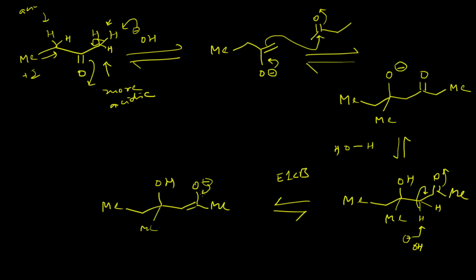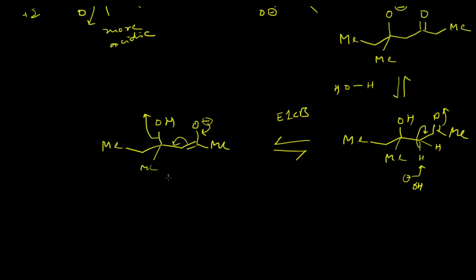And then this O minus will again form the carbon oxygen double bond, and it will facilitate the elimination of this OH minus from the system, and this will give us the final product. So this is our final compound when 2-butanone is subjected to base catalyzed aldol reaction.